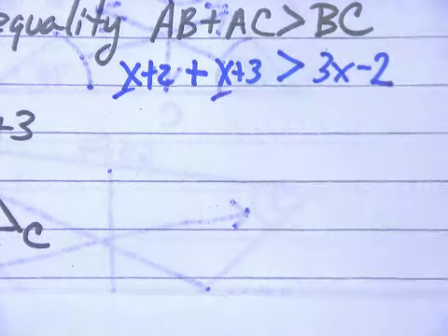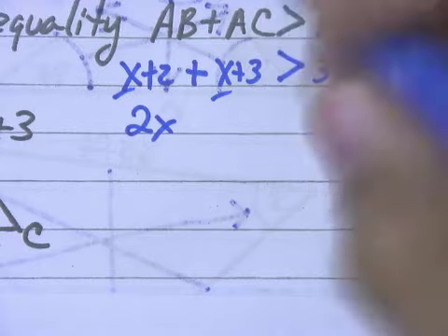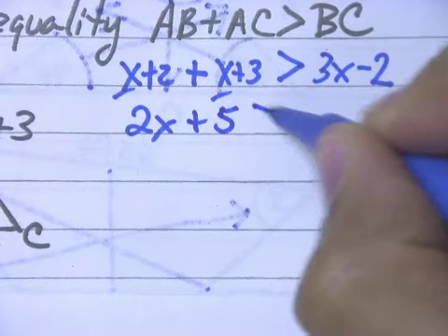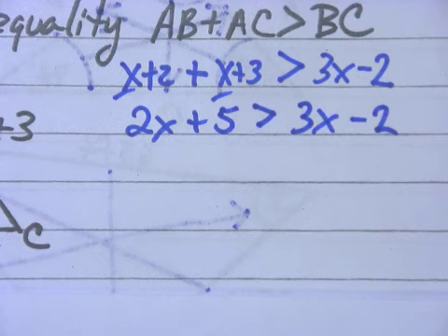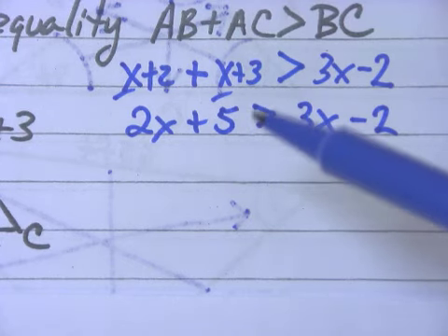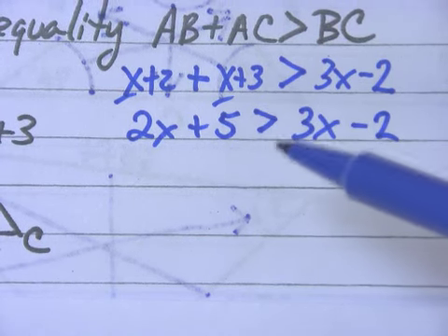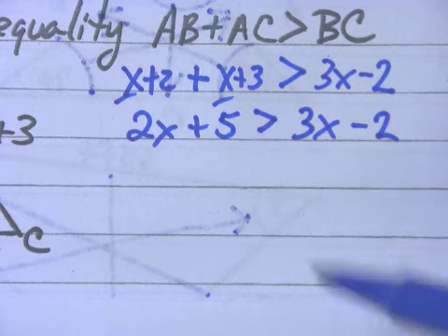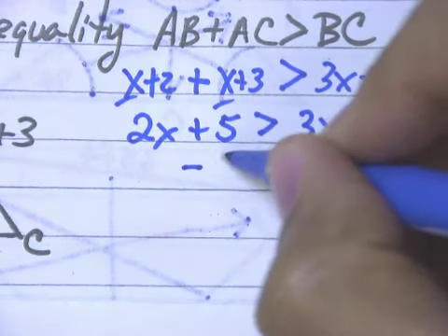And all we're going to do now is combine like terms. So let's do that. X and x comes out to be 2x, and positive 2 and positive 3 is positive 5, and that's greater than 3x minus 2. And what we have here is an algebraic equation where instead of an equal sign, we have an inequality sign.